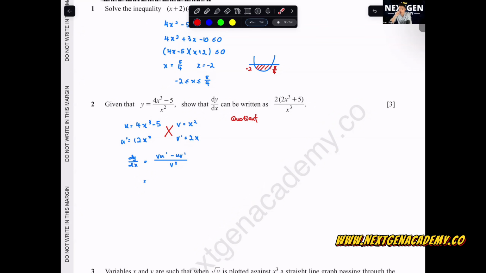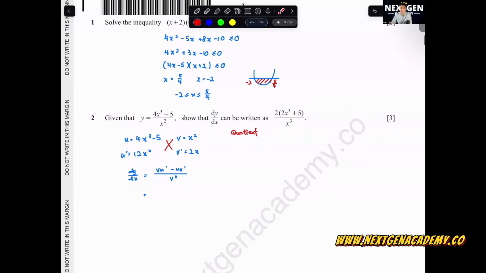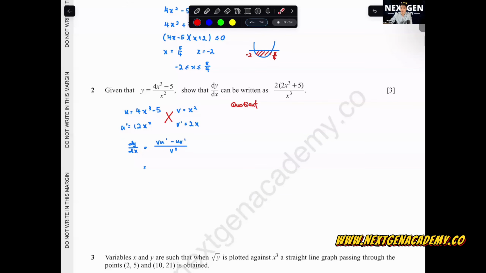Because it's in the bracket. As in, straight away jump to here? Yes, can. But normally I will try to write down the critical values because just in case something is wrong, at least you get some marks here. This one is just in case. Remember, try not to skip steps. Whatever that you can write, then you write it down.